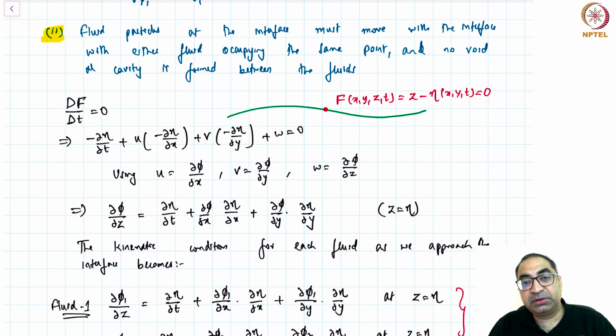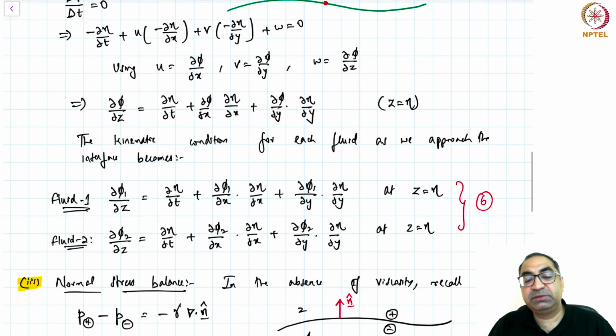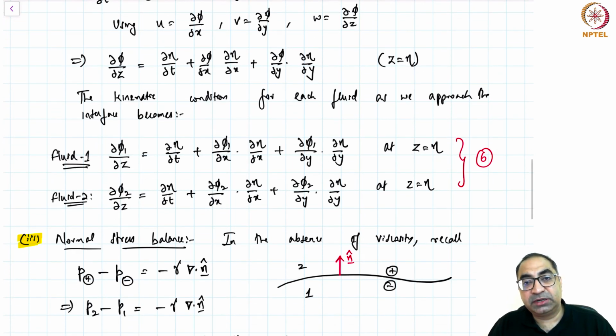And if you're a material point on the interface, you always stay on the interface. Therefore, for such a material point, the material derivative of this quantity f is 0. df by dt is always 0 because f is always 0 along all points on the interface. And from this, we were able to derive kinematic conditions. This is for the full flow, I mean, for the base state as well as for the perturbations.